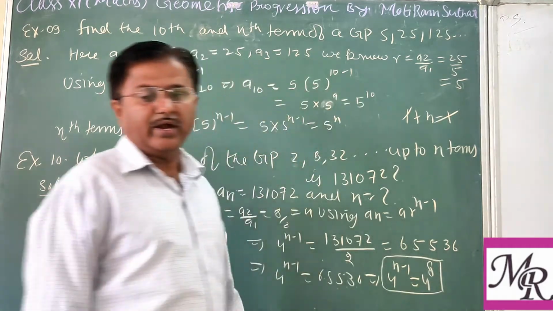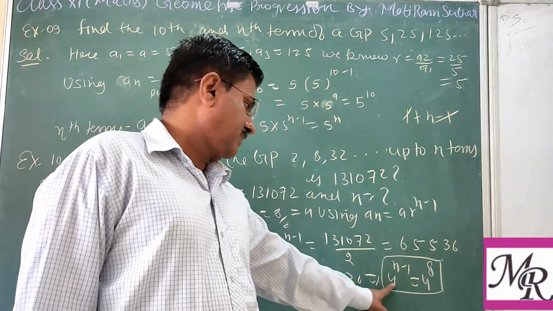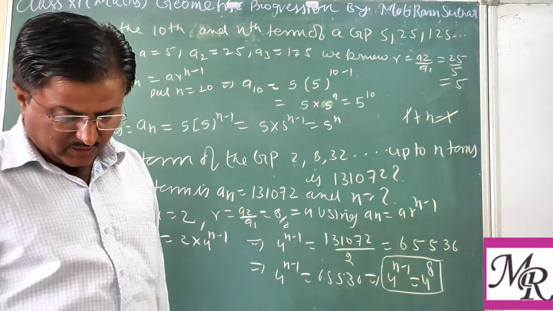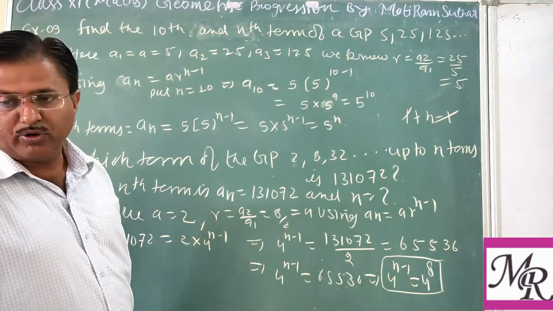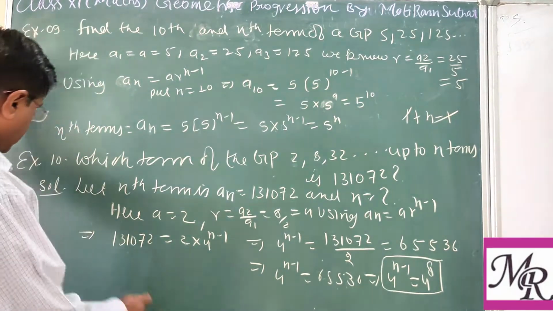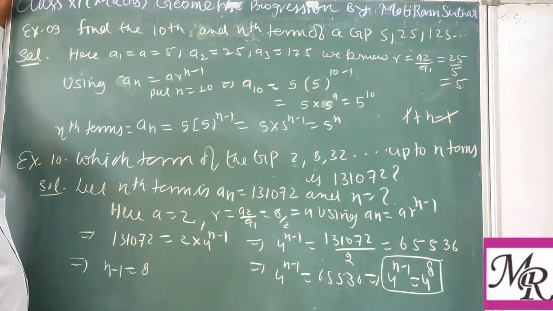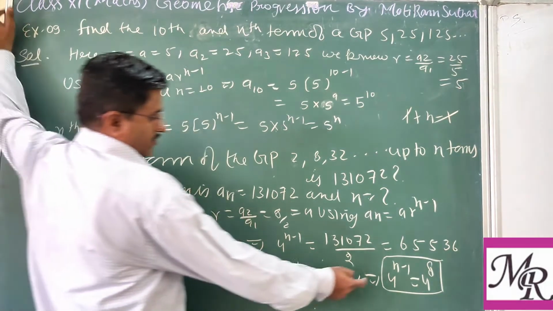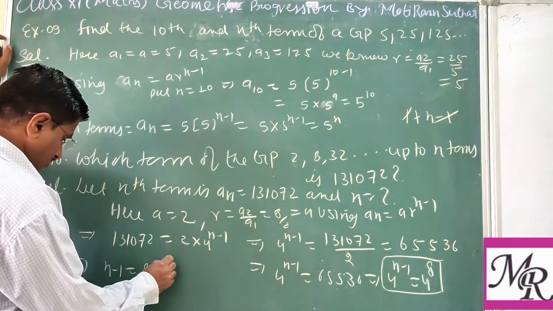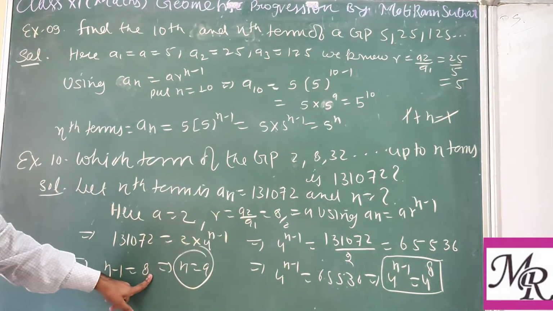This is very important. Now on both sides the bases are the same and in between is equal to. If the bases are the same and the values are the same, it is only possible when their powers are also equal. Therefore what we get? n minus 1 equal to 8. From this n equal to 9, 1 plus 8, 9.